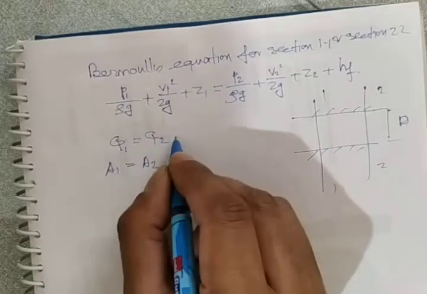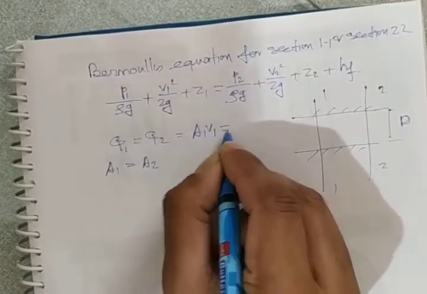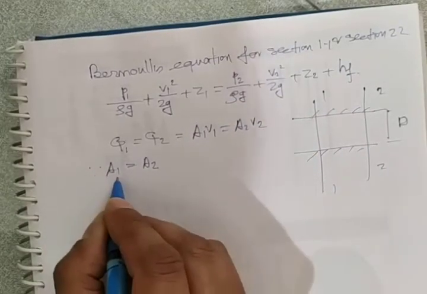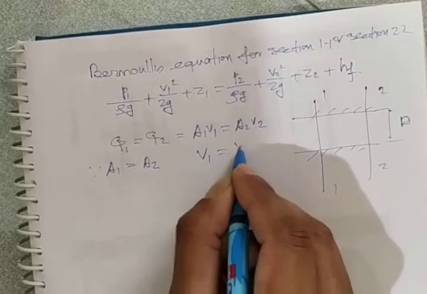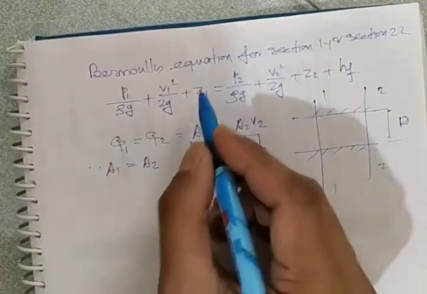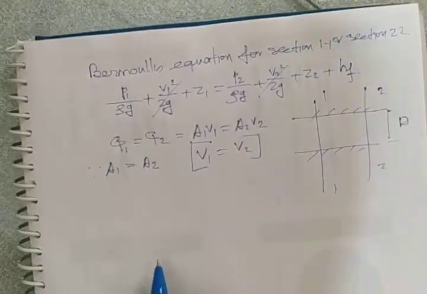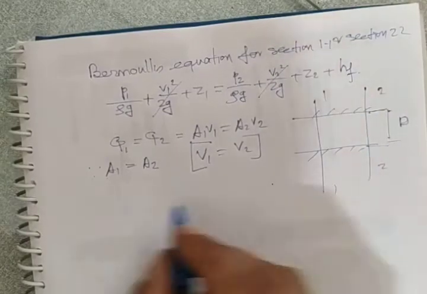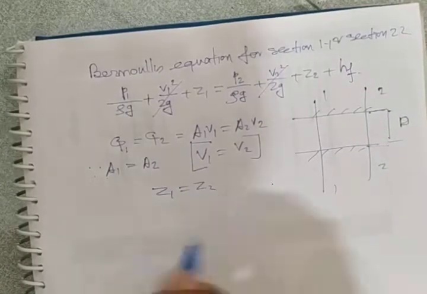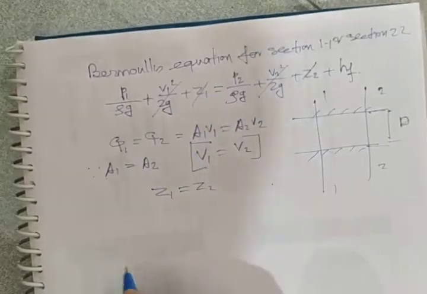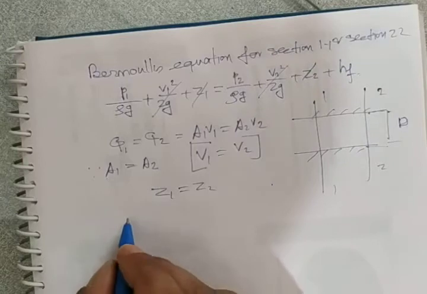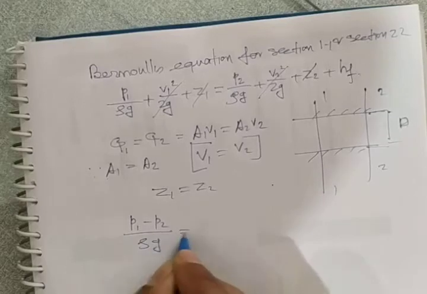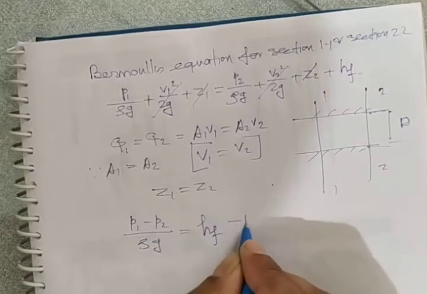So from A1 V1 equal to A2 V2, since A1 is equal to A2, V1 is equal to V2. So you can neglect this. And this pipe is placed in a horizontal position, so Z1 is equal to Z2. You can neglect these two portions also. So from Bernoulli's equation you will get (P1 minus P2) by rho g is equal to hf. This is equation number 1.